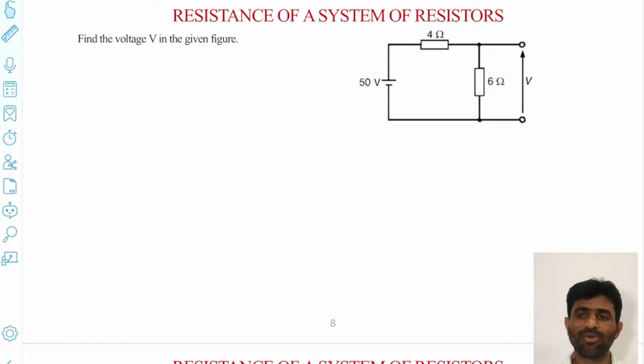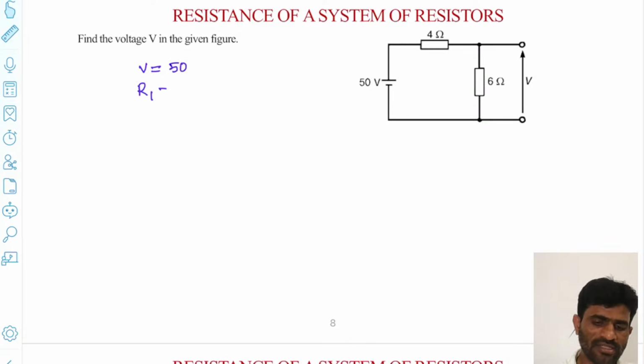You want the potential difference across 6 ohms. So what formula? Total potential difference V is equal to 50. Let us take R1 as 4 ohms and R2 as 6 ohms. We want V2.